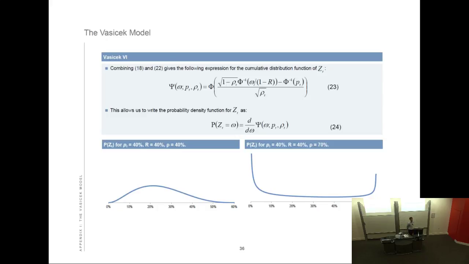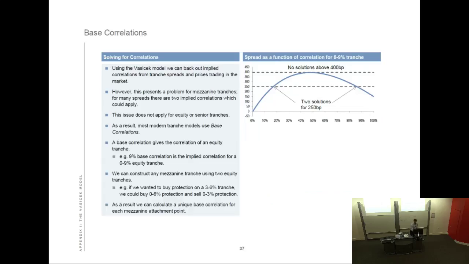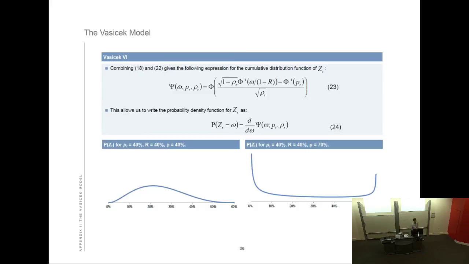Now you can imagine in reality we want to be a lot more flexible. We don't want to assume that each name has the same chance of defaulting. We don't want to assume that each name would have the same recovery. But apart from that, to be honest, it's not very different from this. I mean, you don't want to assume different names within the index, within the tranche, to have the same chances of recovery, right?